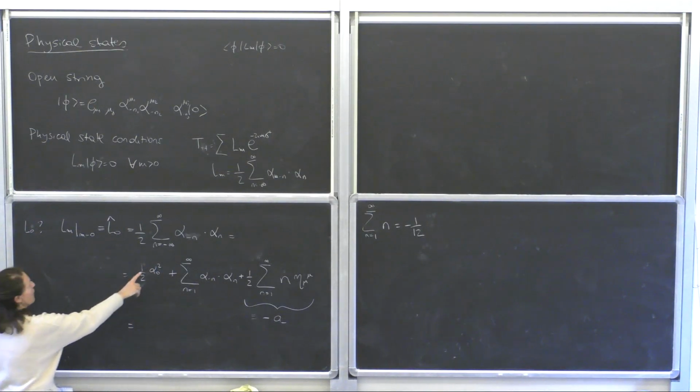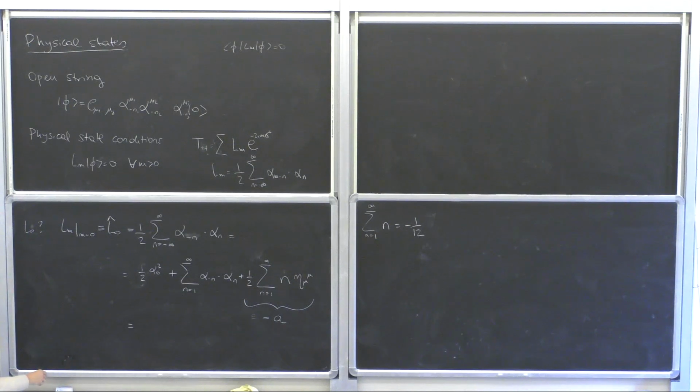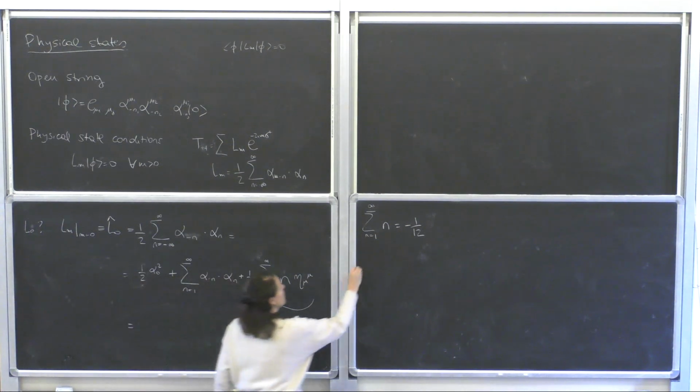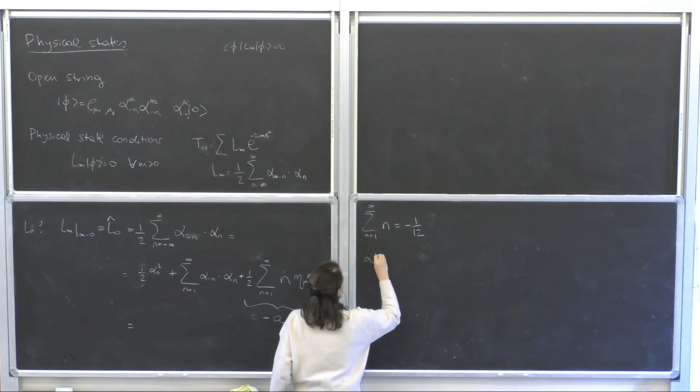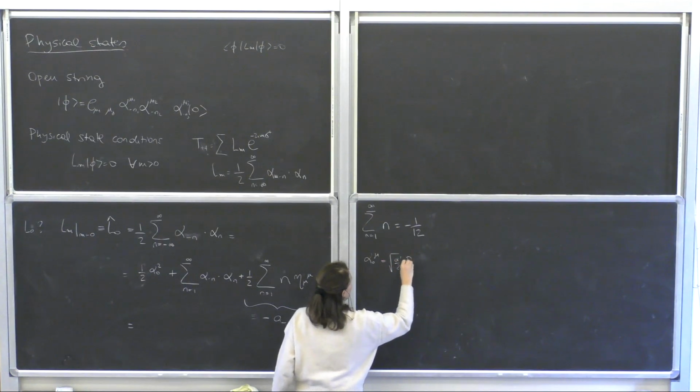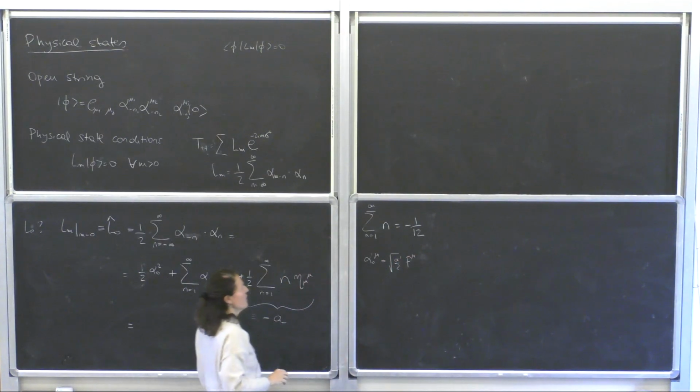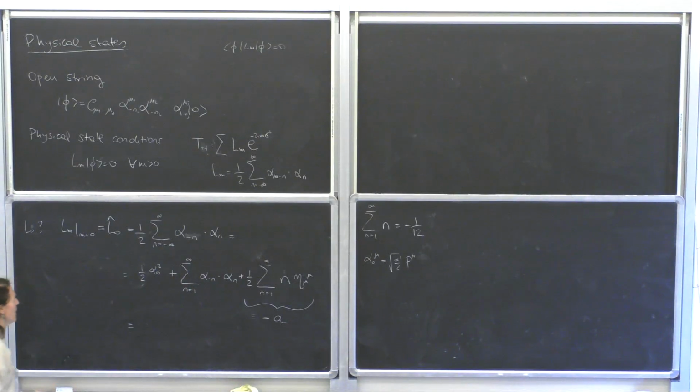So L0 is 1/2 of alpha 0 squared, and alpha 0, if you remember, was the square root of alpha prime over 2 times p mu, the center of mass momentum.